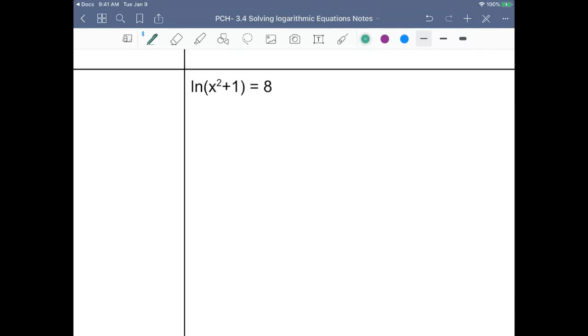All right, next, our ln is already by itself. So we can go ahead and just rearrange this. This is e to the 8 is equal to our input, which is x squared plus 1. Next, we're going to subtract 1. I'm going to switch these around. X squared is equal to e to the 8 minus 1.